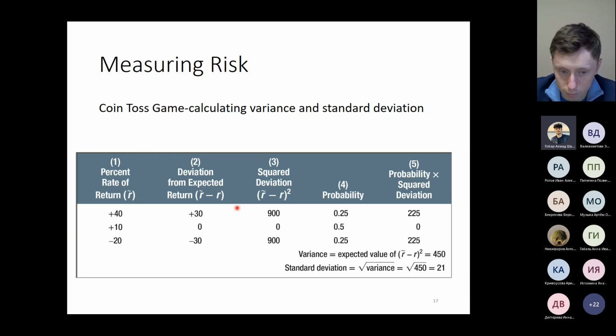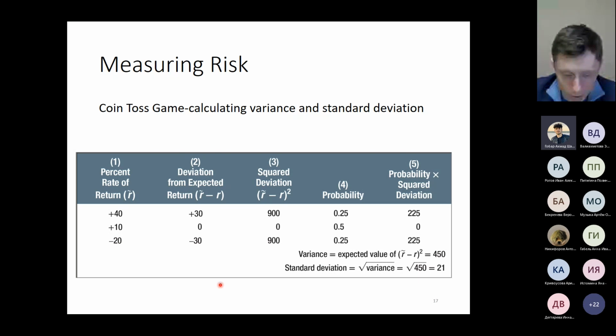We have the return if we toss the coin 2 times. If we guess 2 times, the return would be 40. If we guess 1 time out of 2, the return would be 10. If we miss 2 times, the return will be minus 20.